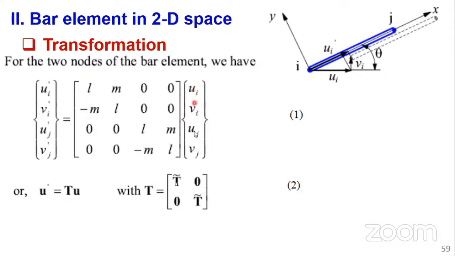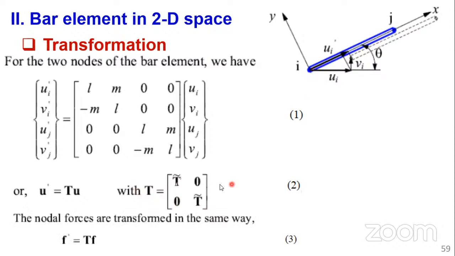If it's just a vector, it could be a column vector or a row vector, then you have to put the braces. So you can see, this is the transformation matrix for one node. It is the matrix T with a tilde here, and this one with a tilde here. So that you can see the way they are arranged when you have now for the overall, for both nodes. So the nodal forces or any other quantity we said can be transformed. But this is for one node.